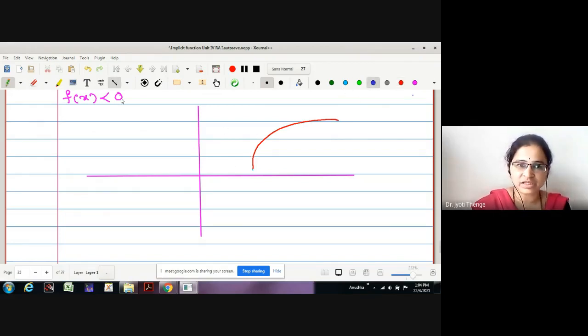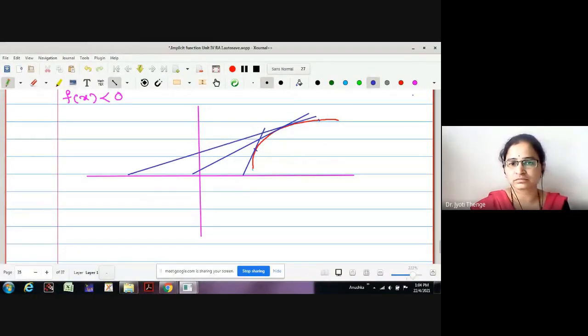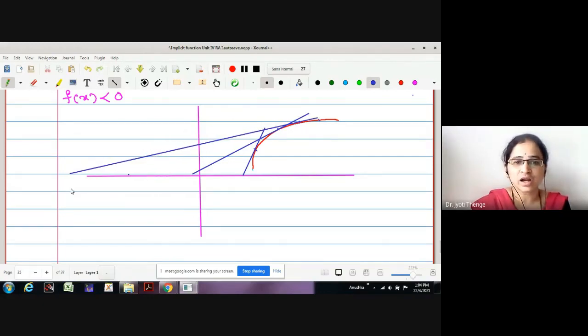Let me draw the tangent here. At this point, I have drawn the tangent. Let me draw a tangent here now. At this point, I have drawn a tangent. Let us draw a tangent at this point. Tangent at this point.